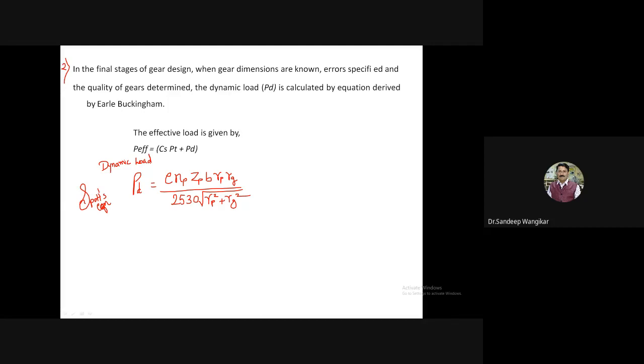If you refer the case for spur gear, again there were three formulas: cast iron pinion cast iron gear, then steel pinion steel gear, and steel pinion cast iron gear.